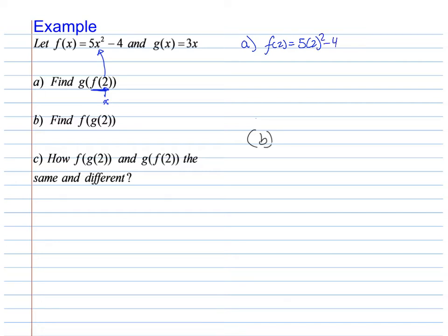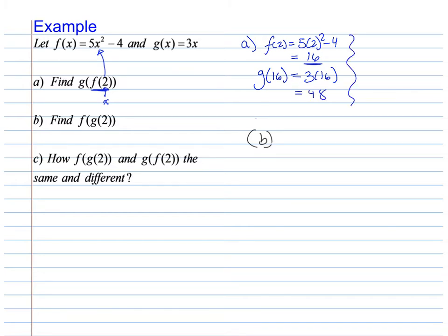That's going to be 20 minus 4, which is 16. So now we know that f of 2 is 16. Now wherever I see an x in the g function, we're going to substitute that value. So we have 3 times 16, which is going to give us 48.